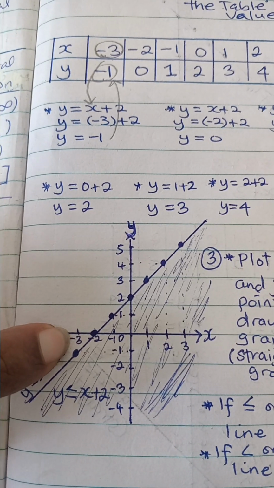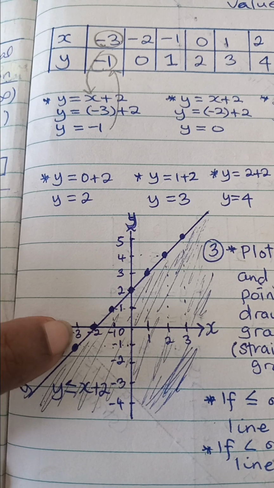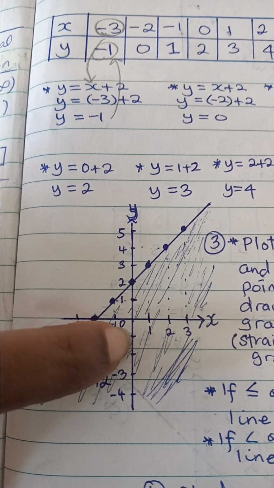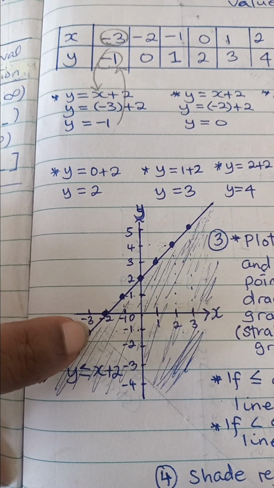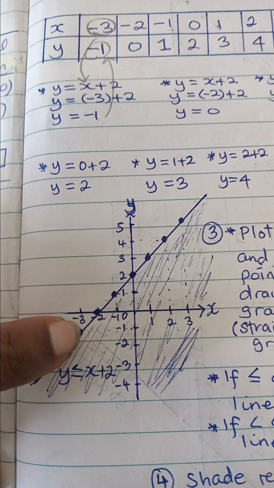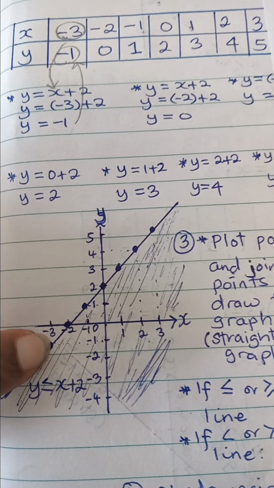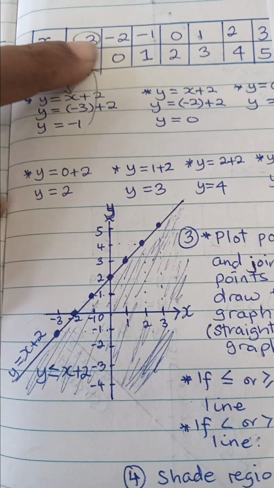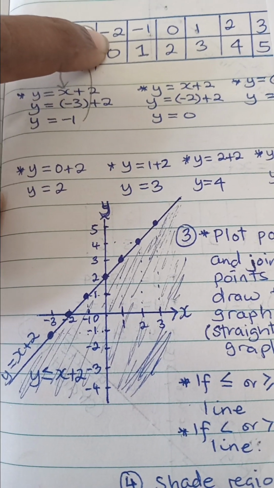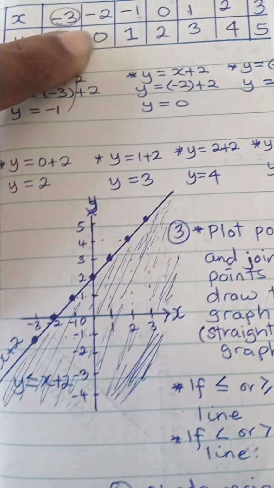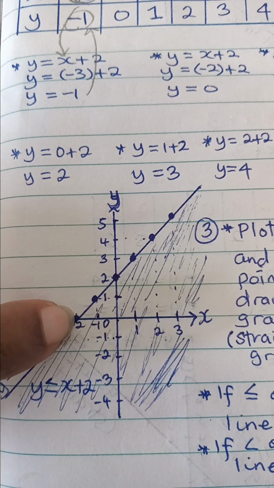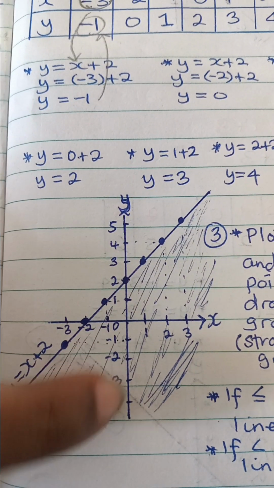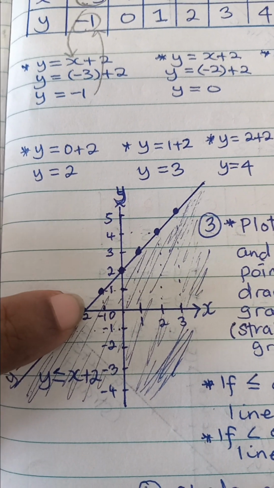The corresponding y-coordinate is -1, so coming down, align with -1, and this is the first point from the table. The next point is x is -2 and y is 0. So identify -2 on the x-axis and 0 on the y-axis. This is the second point.